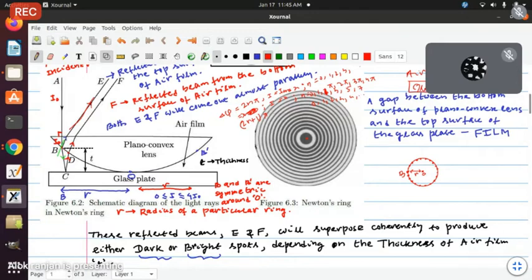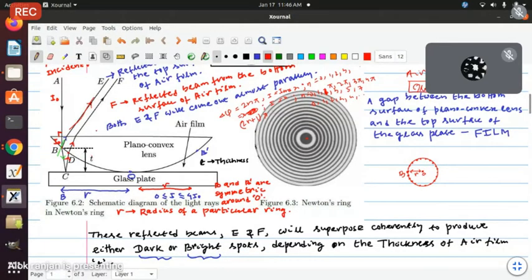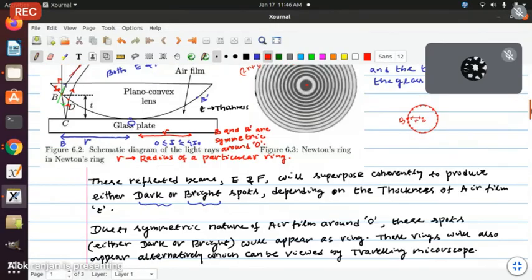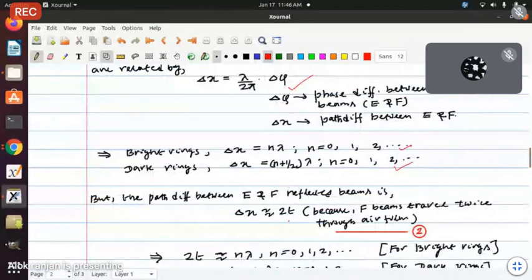So beam F travels twice inside the air film compared to beam E. This twice is equal to 2 times the thickness of the air film, 2T, which I have written down here. So delta x is roughly equal to 2T because the F beam travels twice through the air film.